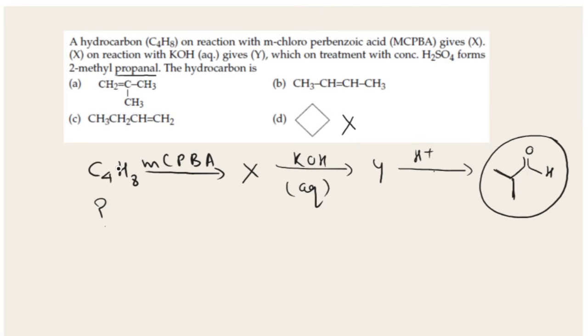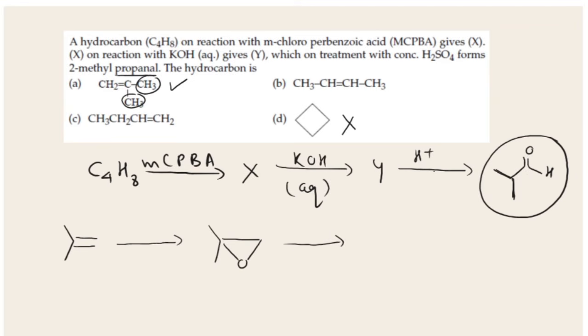Obviously, it is a reaction of an alkene, not a cycloalkane. So you can eliminate this. And you can start from this because you can see that there are 2 methyl groups attached to the carbon. Verify whether all these statements will hold good for the reactant A. So this is isobutene. When isobutene is treated with MCPBA, it's going to form an epoxide, a cyclic ether.